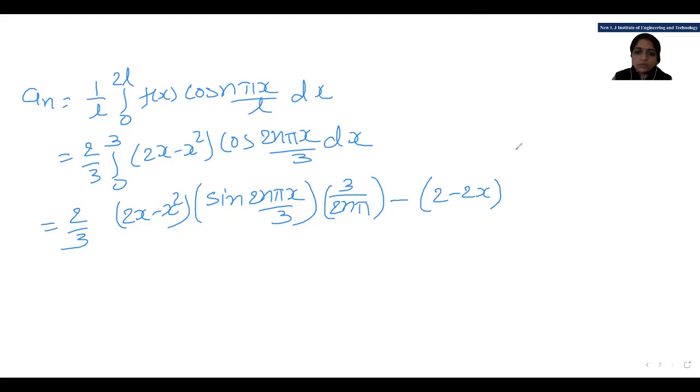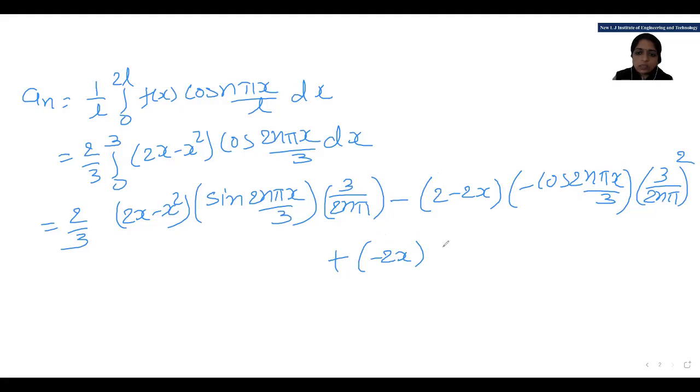Now the integration of this is minus cos 2n pi x by 3 upon 3 upon 2n pi whole square, and plus minus 2x, this is minus sine 2n pi x by 3 into 3 upon 2n pi whole cube, and the limits are 0 to 3.